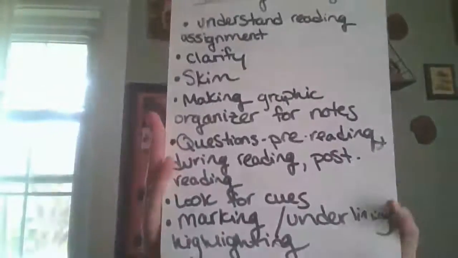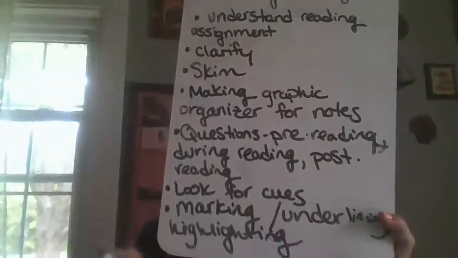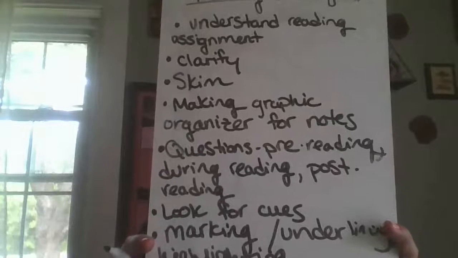Other active reading strategies, especially for you kinesthetic learners, is going to be marking the text, whether that's underlining, highlighting, those types of things. Sometimes we get out of this practice as we become older or more competent in our reading.